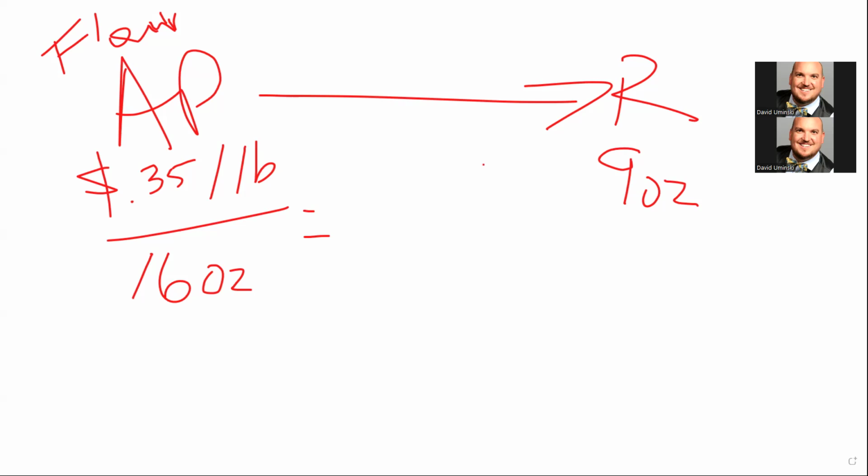So even in this situation, where you divide this out and you get 0.0218, we know that normal rounding rules say that we keep the two the same, but we're talking about dollars and cents. So we always round up. If there's a third decimal, always round the second decimal up to the nearest penny. So that's going to make the difference.